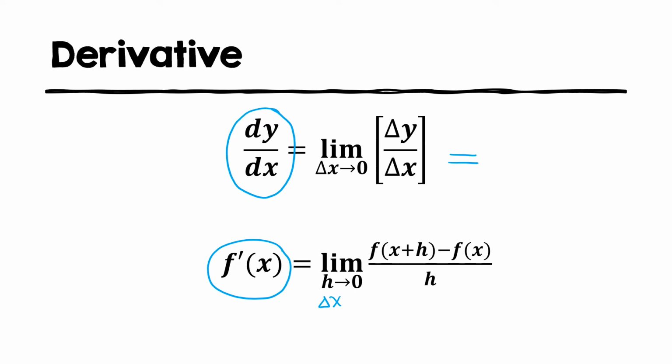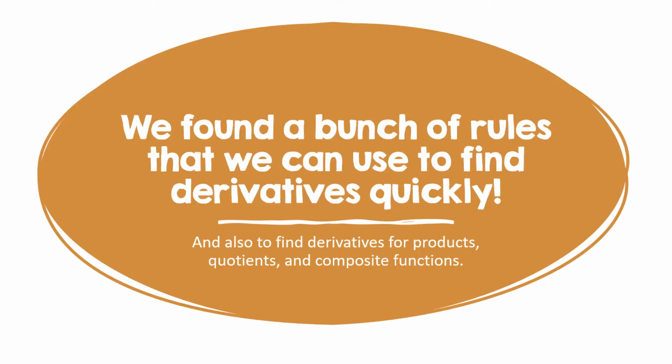And this f of x plus h minus f of x, that's looking at the change in y. So we're still looking at how our outputs, our dependent variable, is changing with respect to our inputs, our independent variable. And we've found a whole bunch of rules that we can use to find derivatives quickly, as opposed to using the definitions on the previous slide.